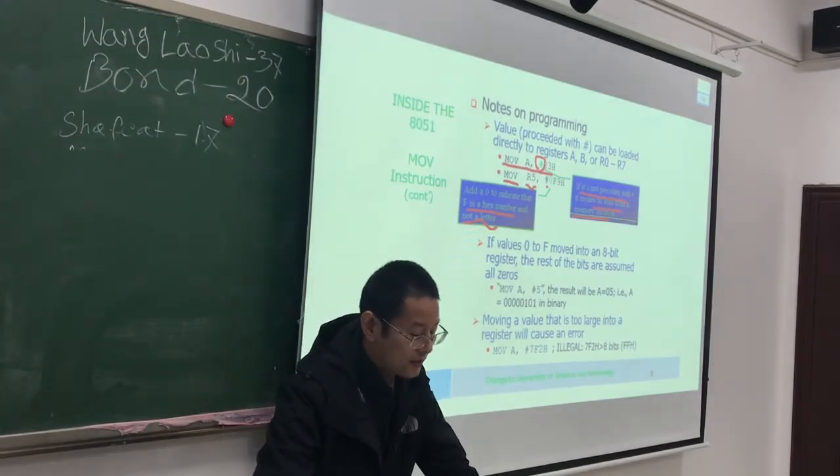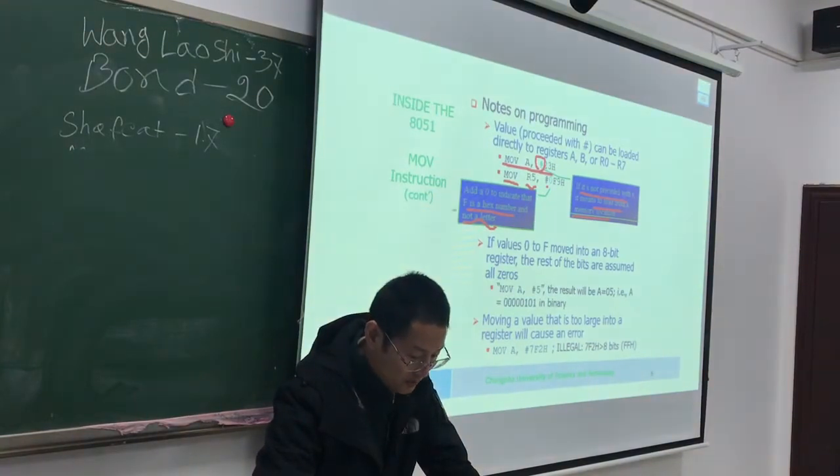When you study the instruction, you should know the format. If a value 0 to F is moved into an 8-bit register, the rest of the bits are assumed to be all 0.